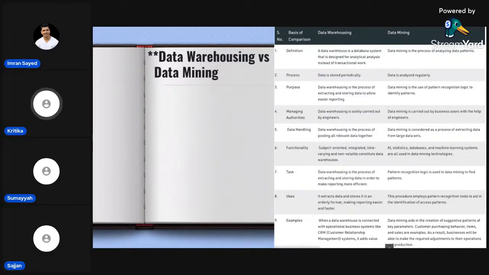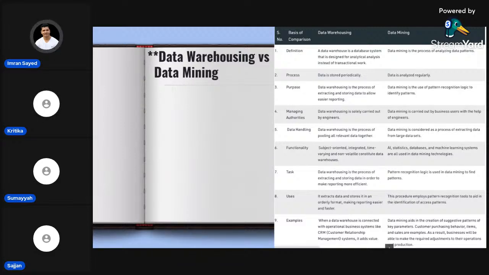Examples: when a data warehouse is connected with operational business systems like CRM systems, it adds value. Data mining aids in the creation of suggestive patterns of key parameters. Customer purchasing behavior, items, and sales are examples. As a result, businesses will be able to make the required adjustments to their operations and production.